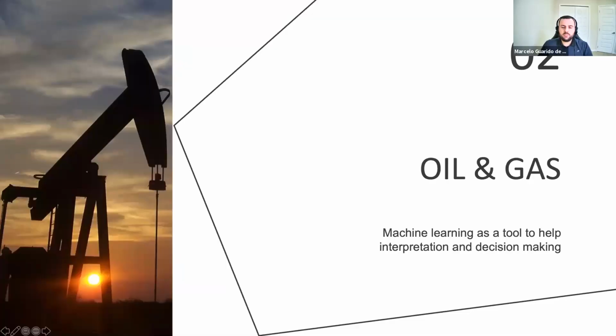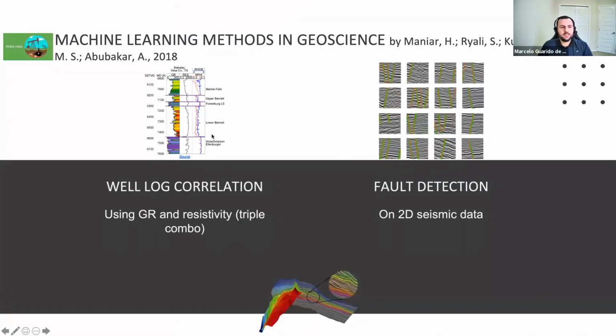So the second part is about the oil and gas and how machine learning is helping in the interpretation and decision making. For the first one, I got this example, machine learning methods in geoscience by Manier and others from 2018. I just selected this paper because they actually show 2 different examples.